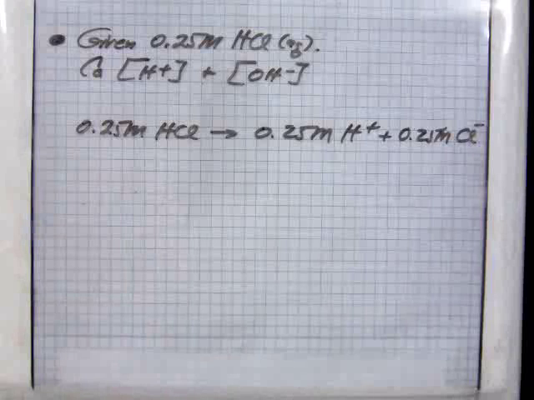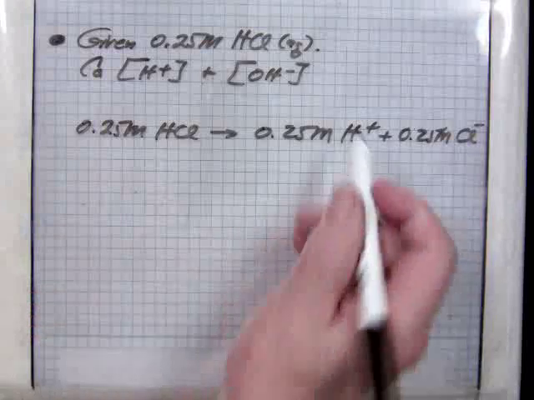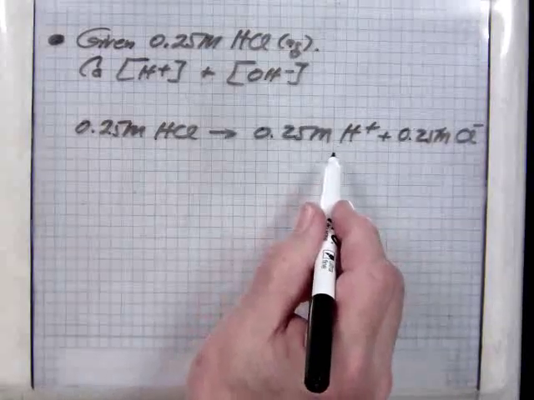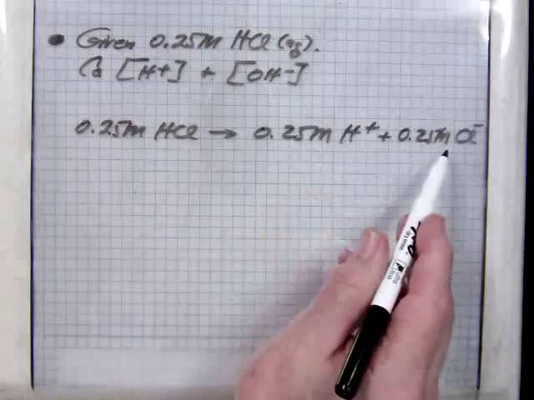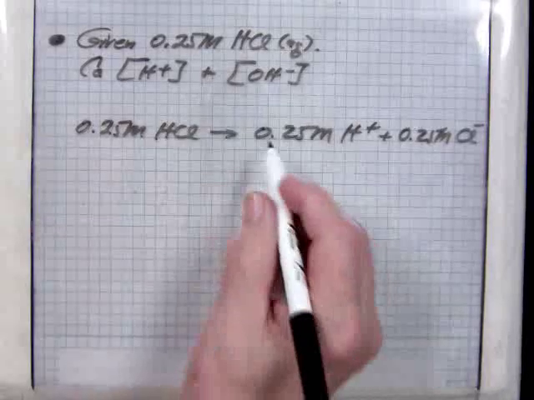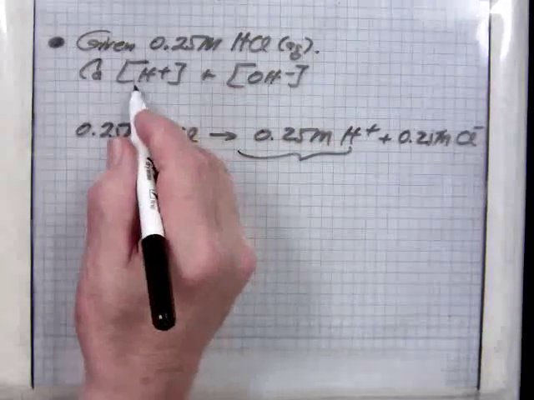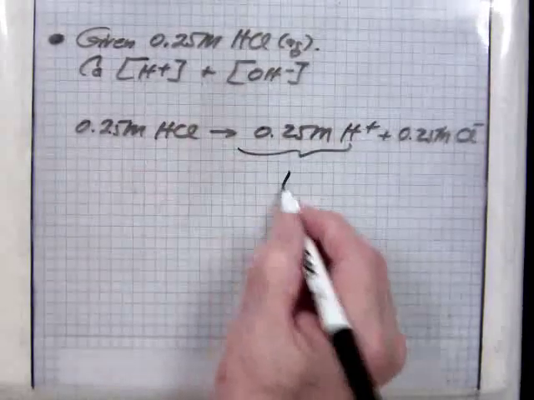It's 1-to-1. Everybody good so far? Good. This is then placed into the Kw expression and solved for the unknown hydroxide. So from the fact that this is a strong acid, we've answered the hydronium ion concentration.